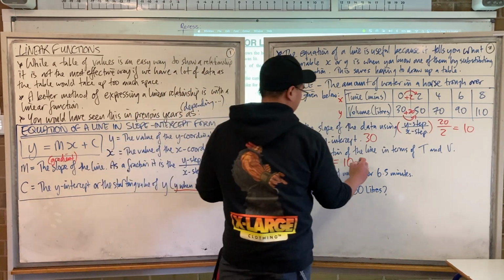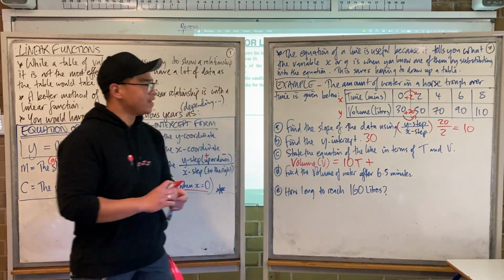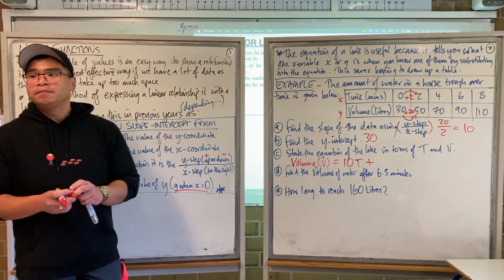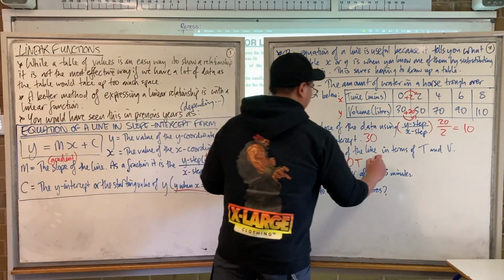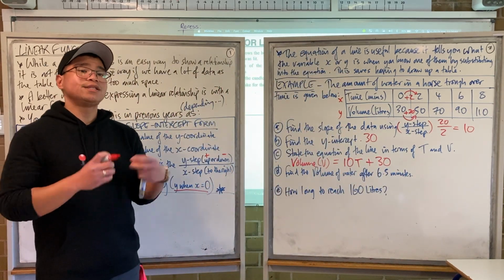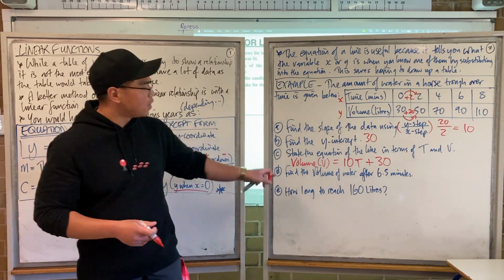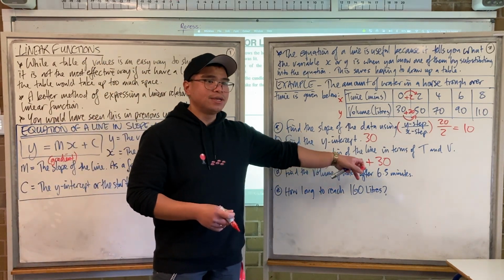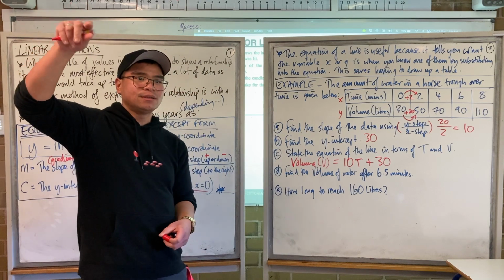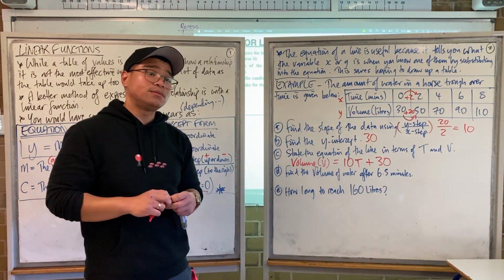Time. 10t plus, what was the y-intercept? 30. That's our equation. And it's in context now. If I wrote y is equal to 10x plus 30, it's right, but it's not in the context of time and volume, right?